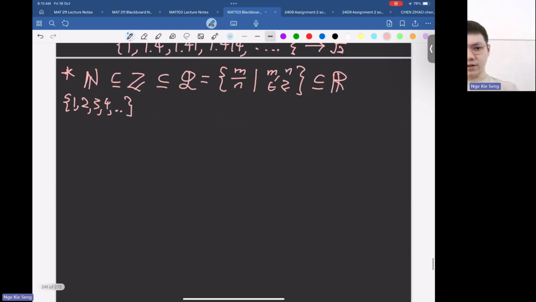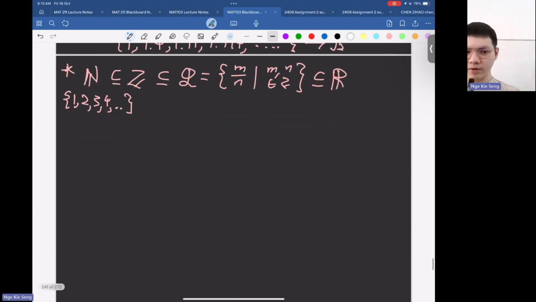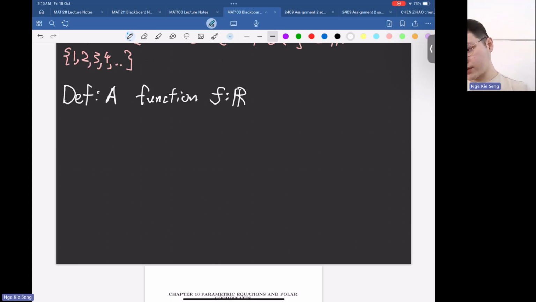All right, so after real numbers, there's one more definition that you need to be familiar with, which is a function. Actually last time we talked about functions already, but let's mention it again. So now we just define a function from R to R. So what's a function?